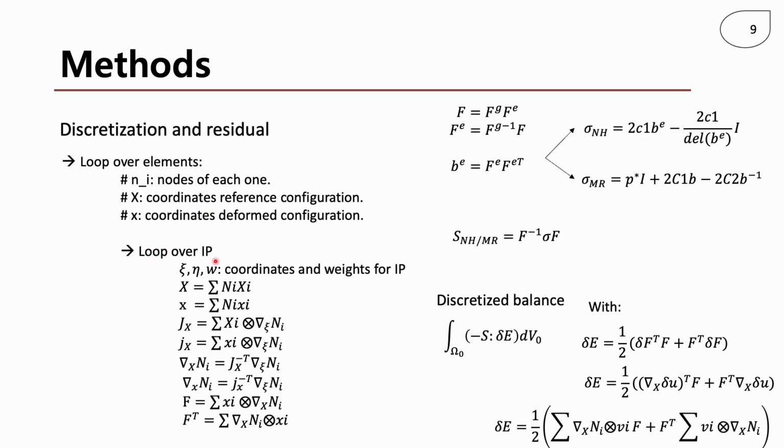Then we have to loop over the integration points, and since we are using the isoparametric map, it's not just important to discretize the coordinates, but also the Jacobian and the gradient of the shape functions.